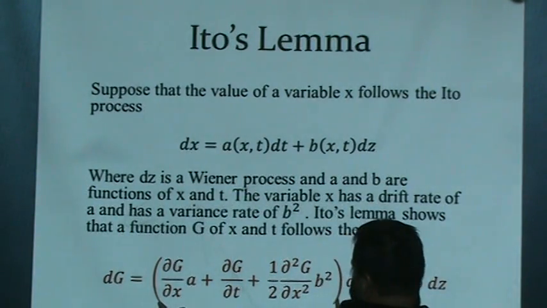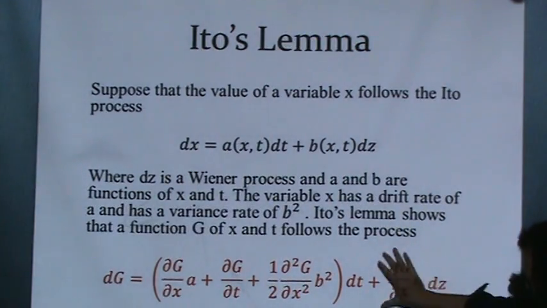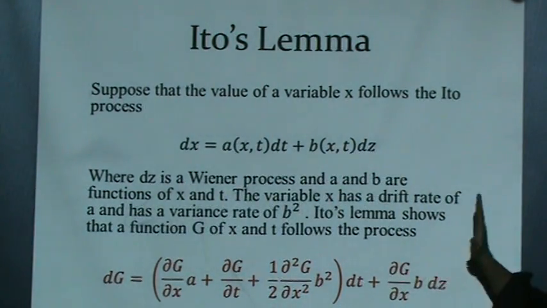Based on Ito's lemma, this ends up being the drift component, and this component ends up being the new stochastic component.